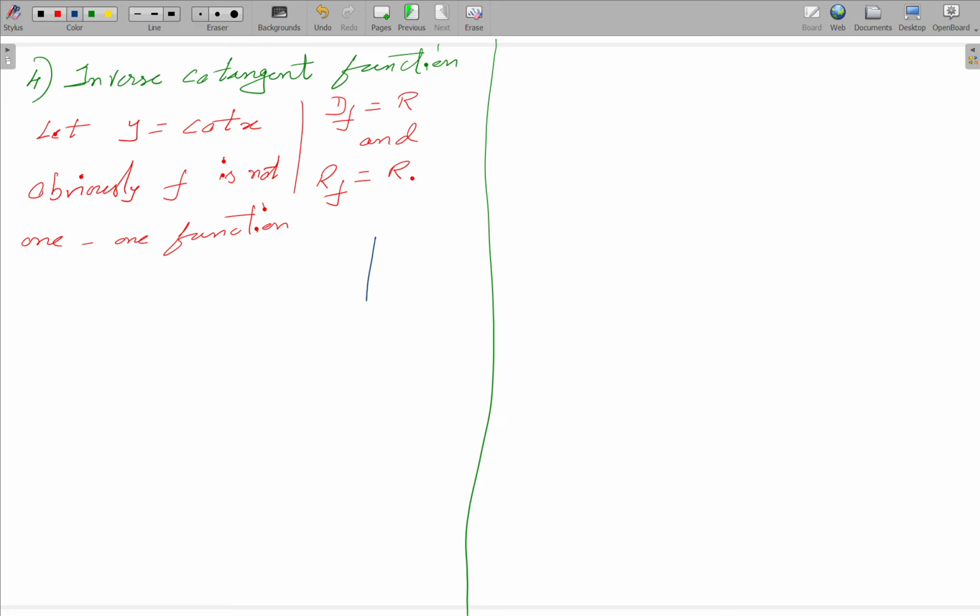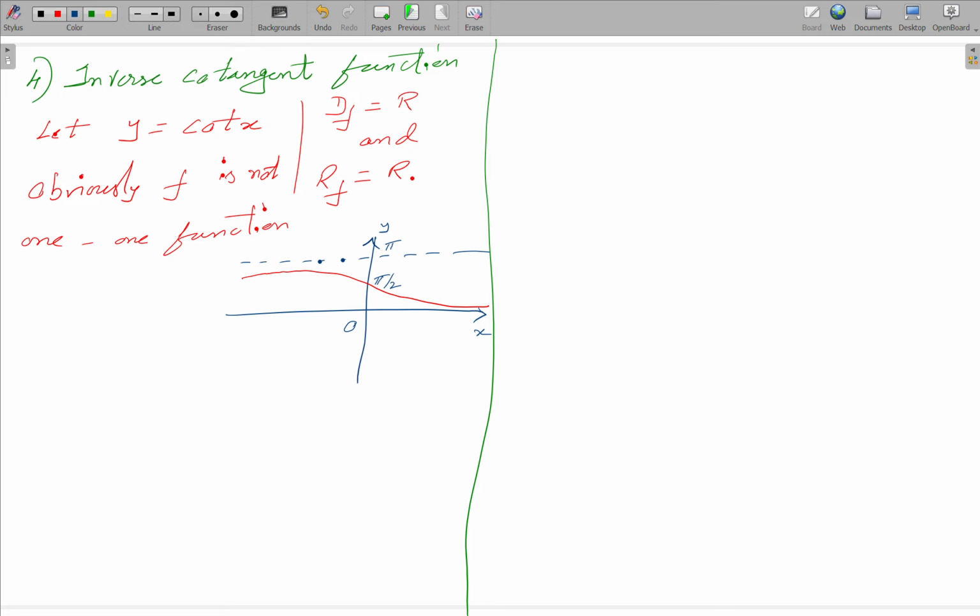This is y, x, this is the pi value, 0 to pi, and pi by 2.